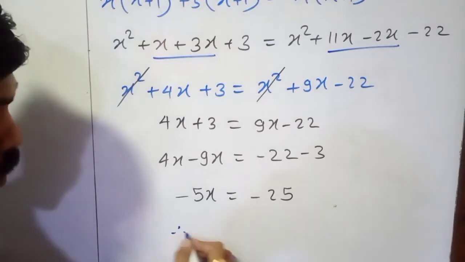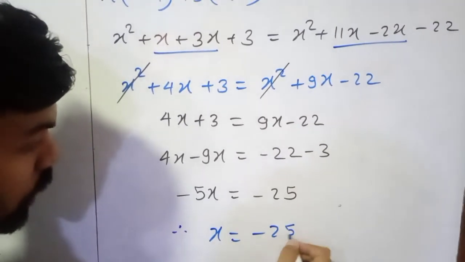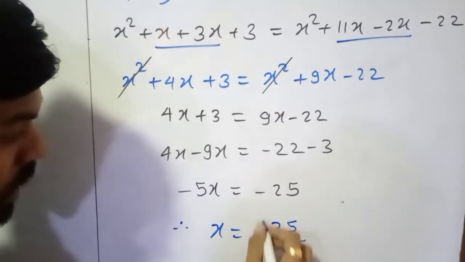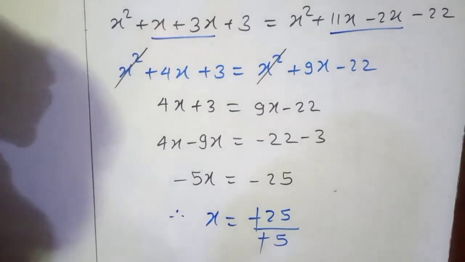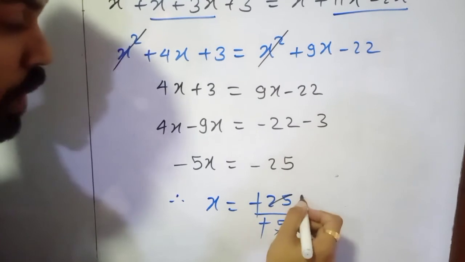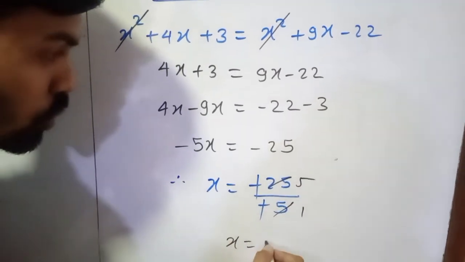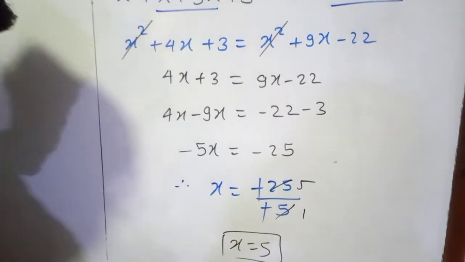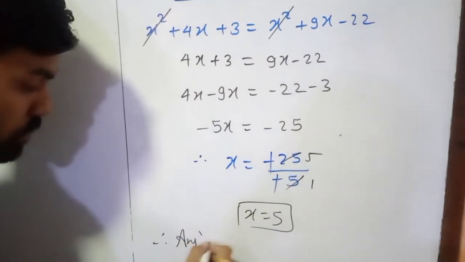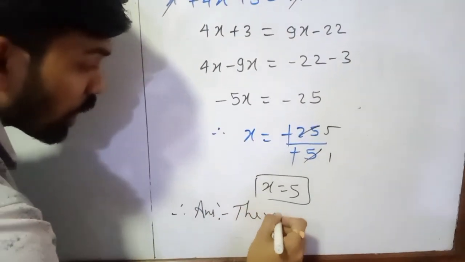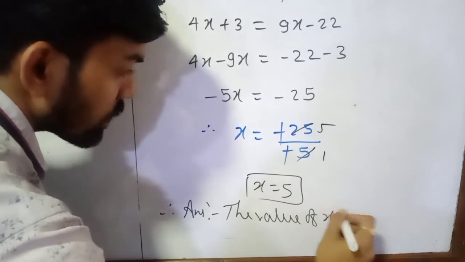Therefore x is equal to minus 25 upon minus 5. Minus minus will cancel. 5 ones are 5, 5 fives are 25. So x is equal to 5. Therefore we can write the answer: the value of x is equal to 5.